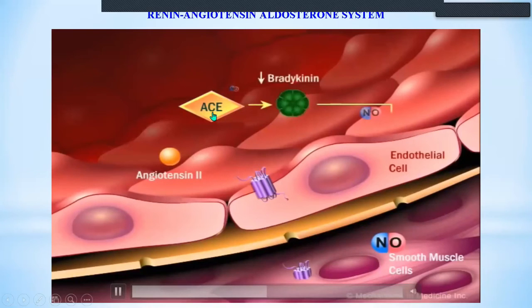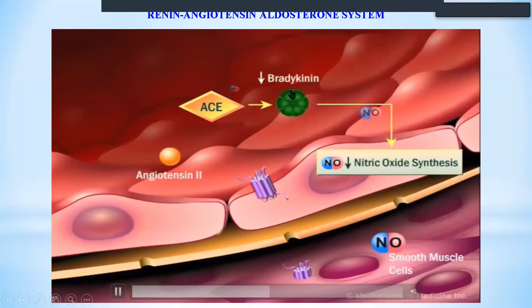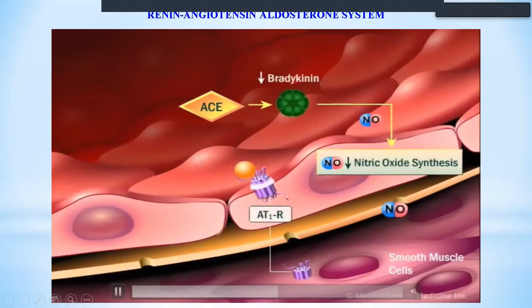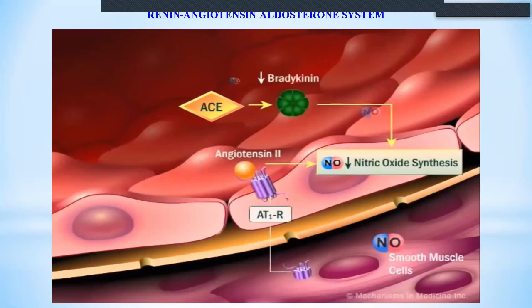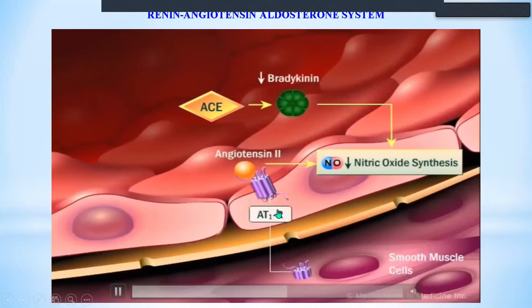Apart from this, ACE also acts on bradykinin, and brady means decrease. Nitric oxide synthase is produced, and it acts on the angiotensin 2 type receptors.